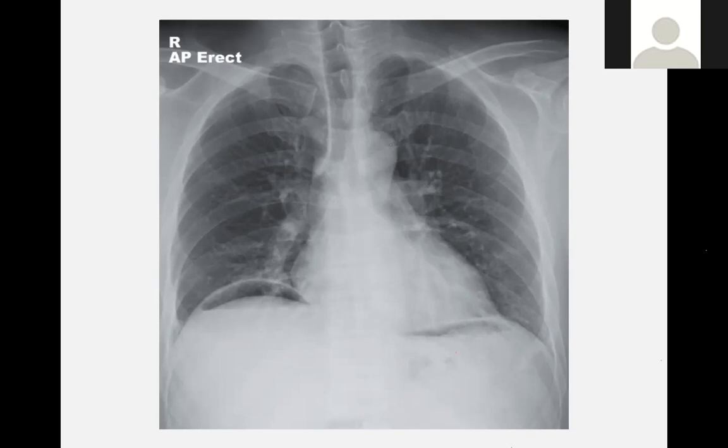The aorta, the aortic arch looks prominent. And it's bulging a little bit. We can't comment on the size of the heart because it's an anterior posterior. For the D, like they said, the diaphragm, there's air under it. Everything else. Yeah, I think that's it.